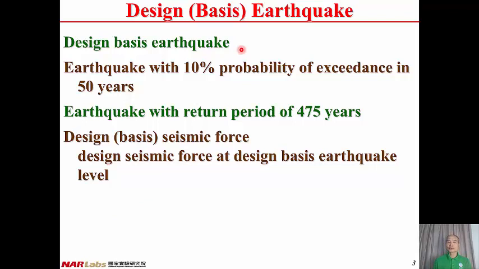Design basis earthquake is an earthquake with 10% probability of exceedance in 50 years, or you can call it an earthquake with return period of 475 years. And design basis seismic force is the design seismic force at the design basis earthquake level.